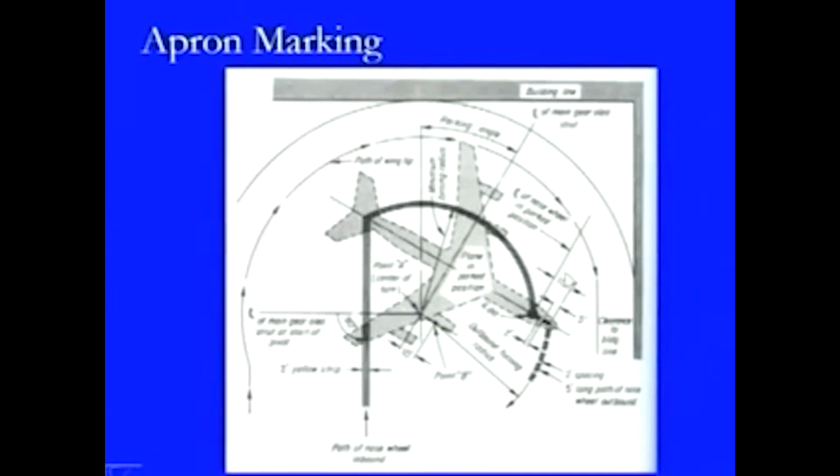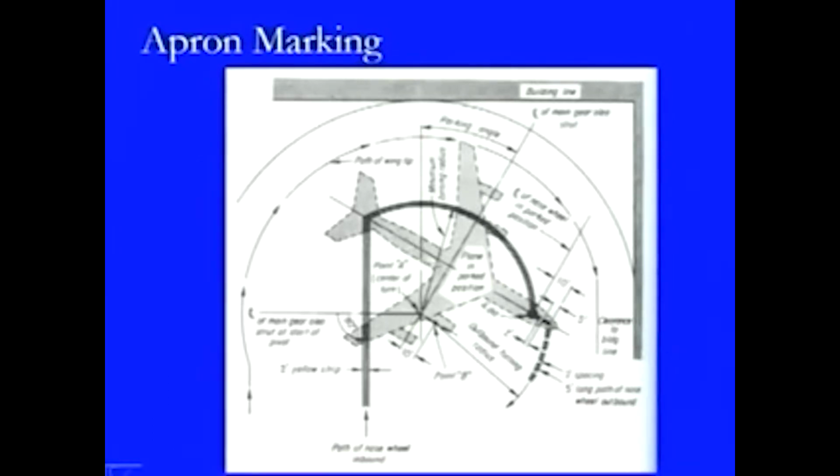This is the one diagram which I was talking about and which we have looked at previously too, and this is one of the types of marking which will be found just on an apron. This is basically the pavement, and the aircraft is going to come and stand on this pavement. What orientation the aircraft is going to take with respect to the building line is already defined: it is an angled condition wherein it is coming with the nose in.